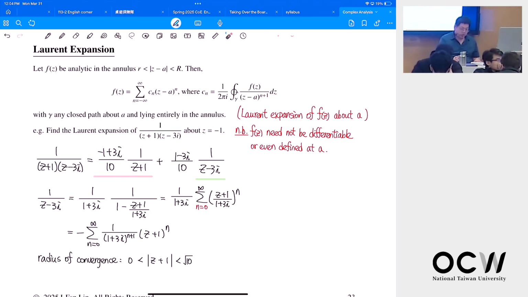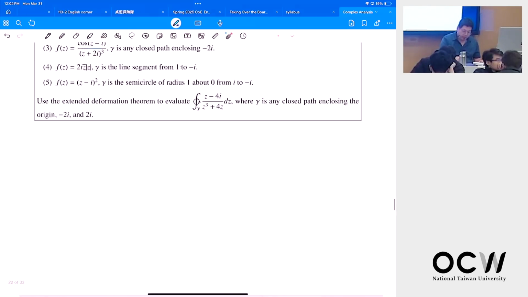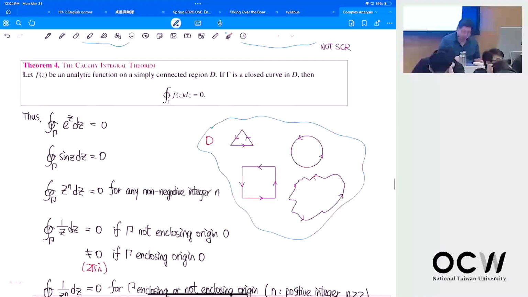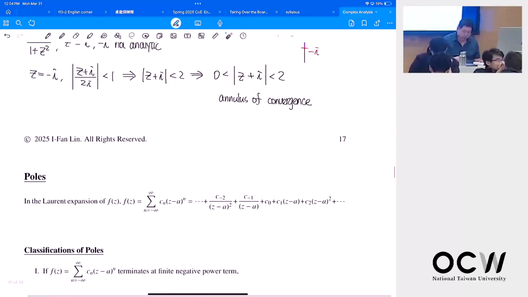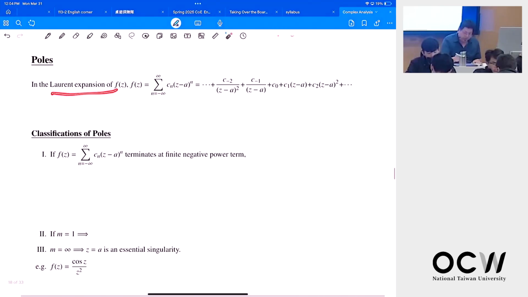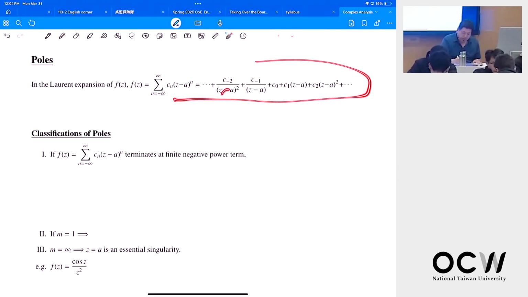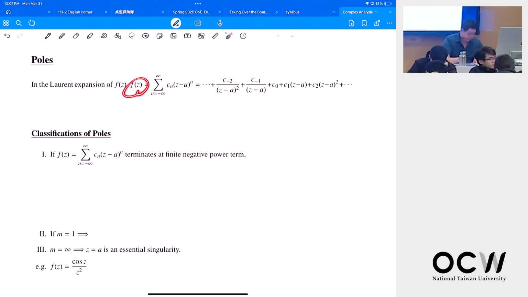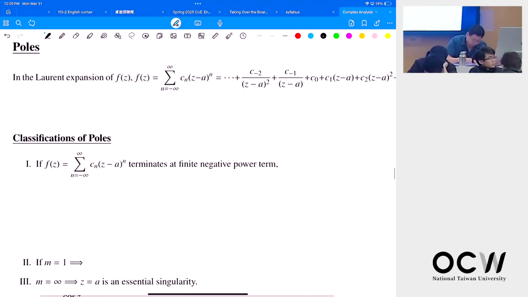So back to page 18, let's see the poles. In the Laurent expansion, you can see that z equals A is the singular point.